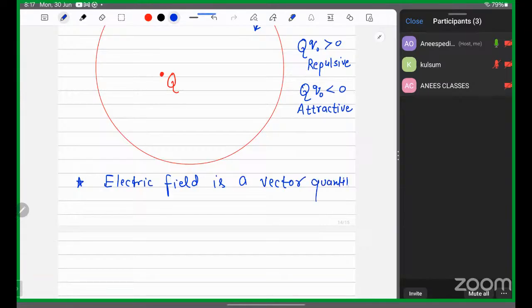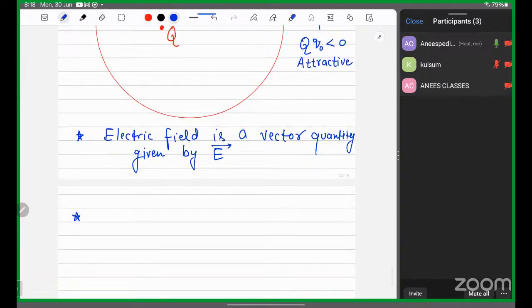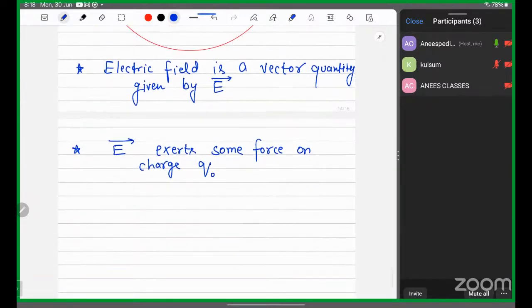Electric field is a vector quantity given by E vector. And the next point is electric field E vector exerts some force on charge q naught.